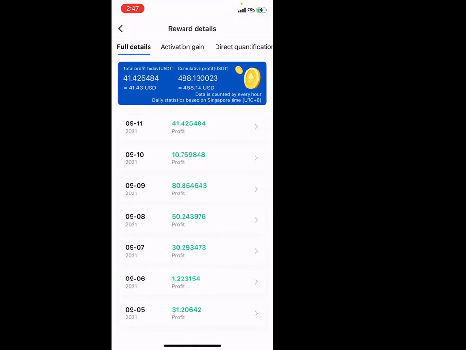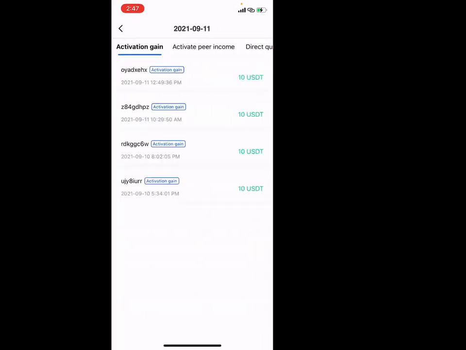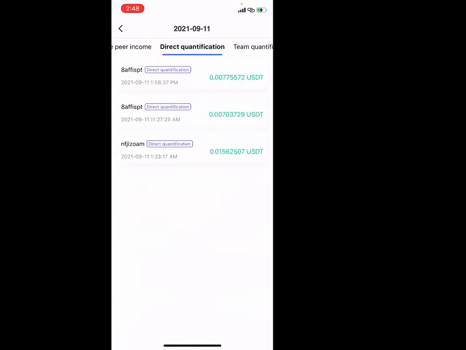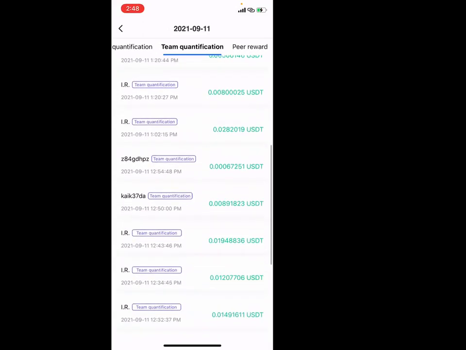And this is still increasing because as the robot is making money for people, it is adding. Let me show you. If I tap here, you're going to see how the money came. You're going to see $10 here. It's important you can see here profits of people under direct quantifications. These are profits of people in my team, people I don't even know.